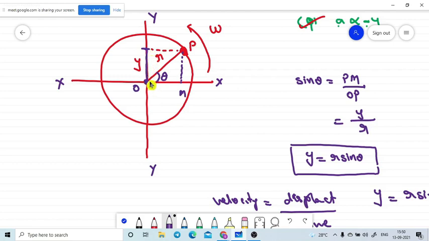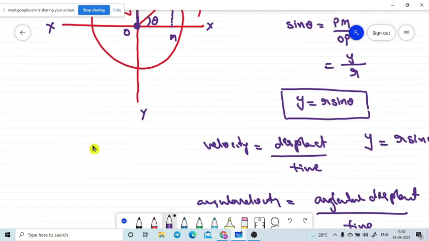From this mean position, how much distance is there? That distance is what we are discussing up to now. So the displacement is the distance of the vibrating particle from its mean position at any given time. Let me write the definition for this one.